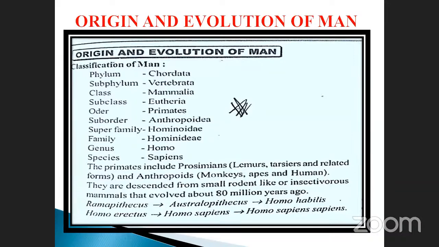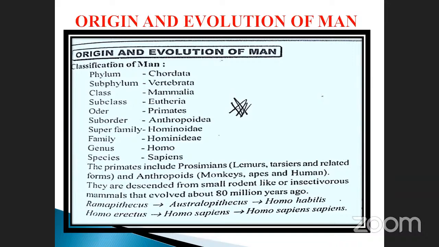It is given in an equation-like format. See here, Ramapithecus is the first one. After the development, Australopithecus, Homo habilis, and Homo erectus. And Homo sapiens is the last one.